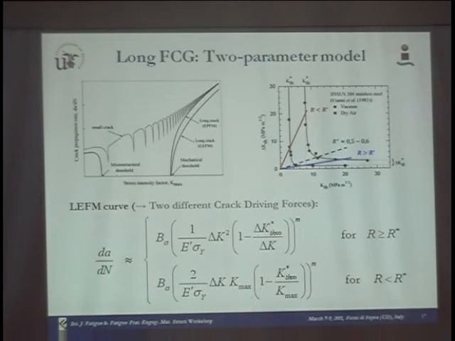Thank you. There's a question in the back there. Coming back to the closure issue, it must affect, of course. But does it affect in the same way as for long cracks, or is there an important change in the mechanism?